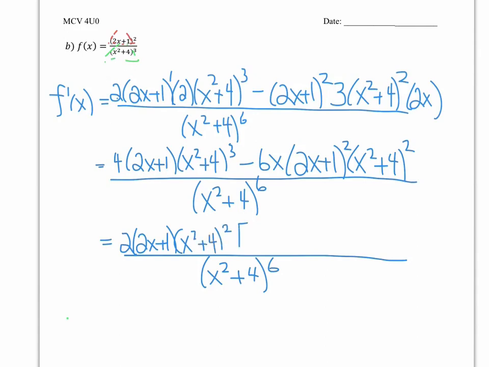Now open up your square bracket. What's left over? We have a 2, we have an x squared plus 4, minus 3x, and then a 2x plus 1. Okay, and again, just like before, we can simplify this piece right here until it's fully in factored form.